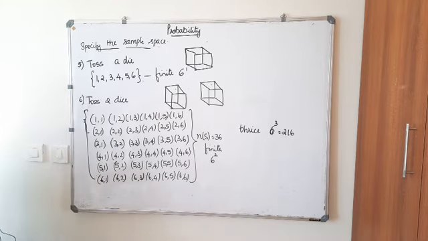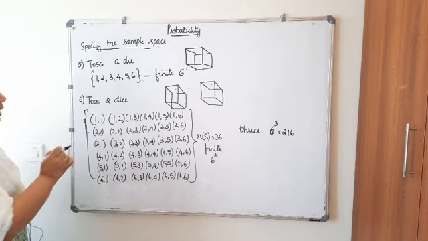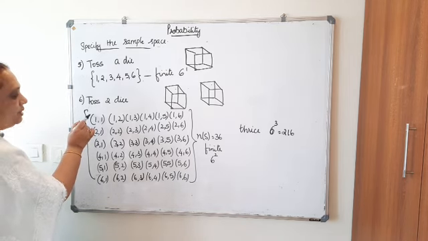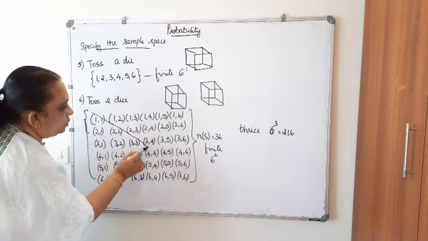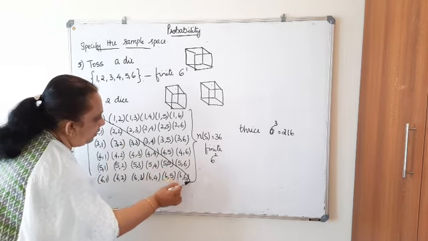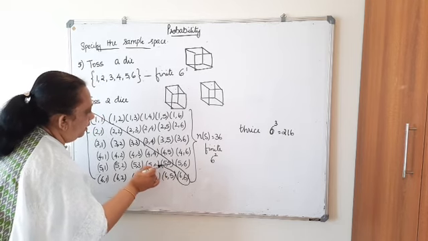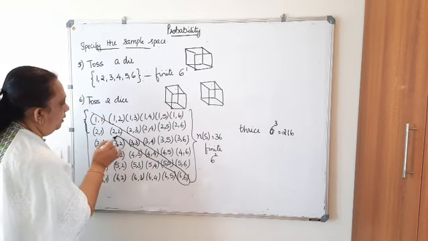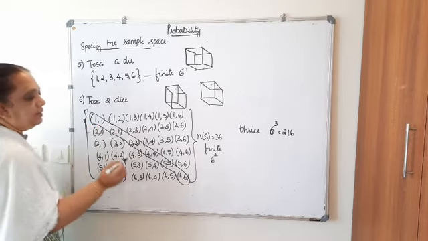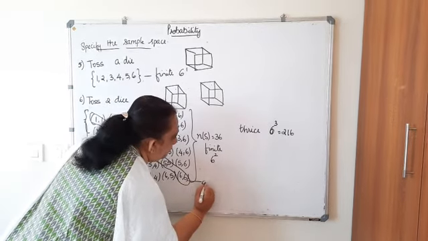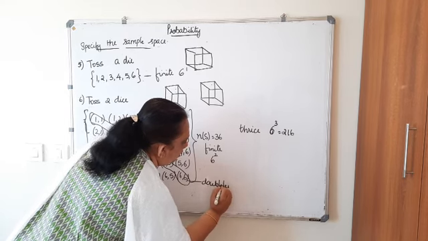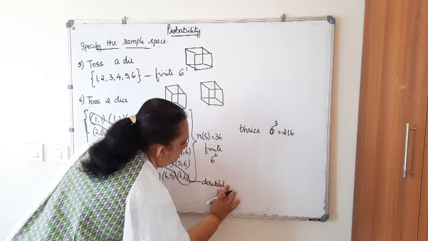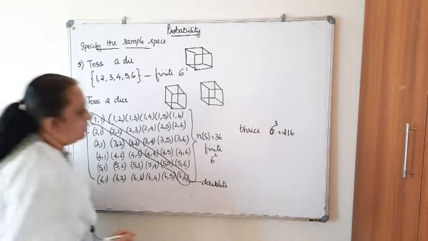Now, the outcomes that come in the form 1 1, 2 2, 3 3, 4 4, 5 5, 6 6 are called doublets.